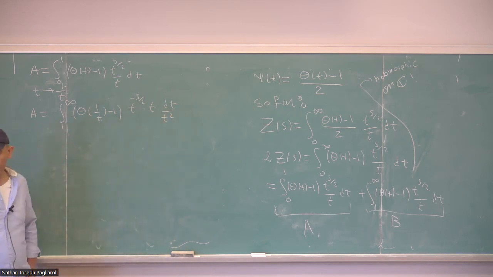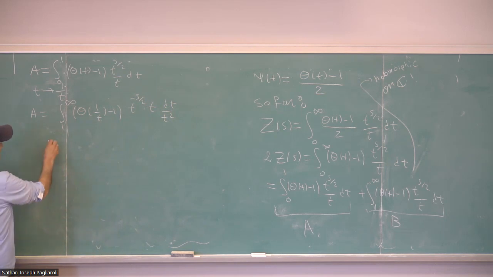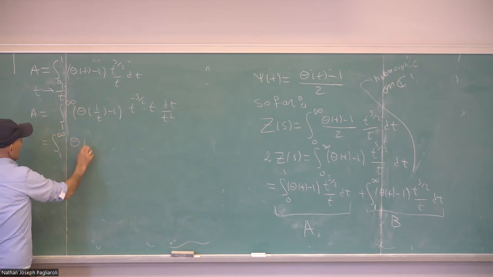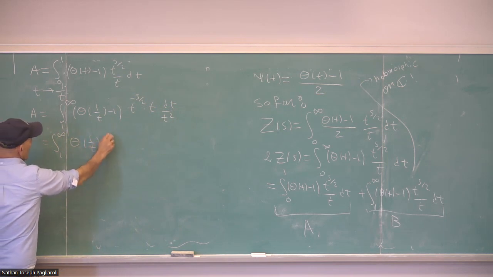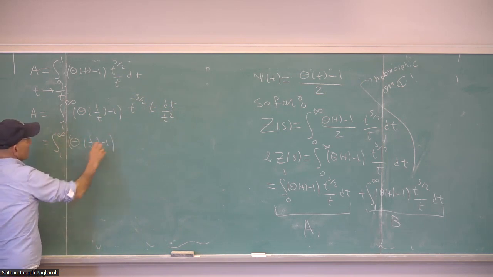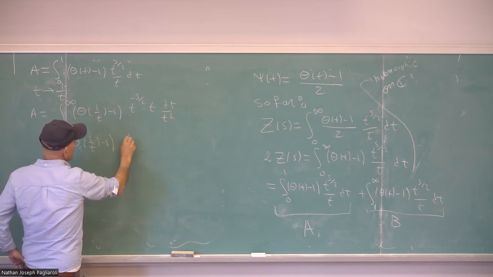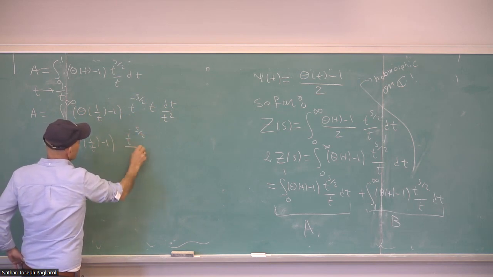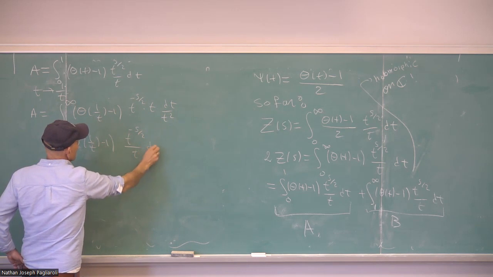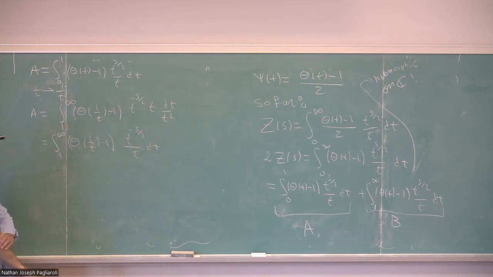Okay with this? So this is equal to the integral from 1 to infinity of (theta of 1 over t minus 1) times t to the power minus s over 2 over t dt. What happens to the sign of the derivative?